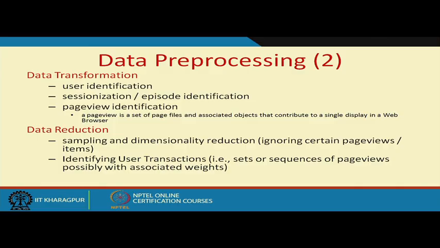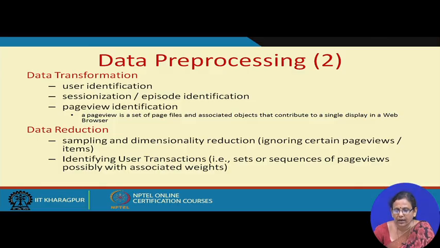Now, here because the data files will be generally very huge, maybe you will be sampling a part of the data, you may be trying to reduce some of the page views and so on, because after all you are using certain heuristics to do all this. So, sometimes you may encounter some sequence of page views which probably are not very related. So, you may have to drop them using your domain knowledge.